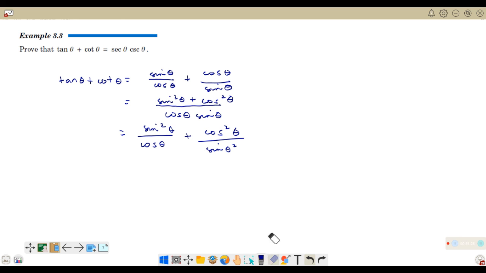Ay, teka. Nagkamali ako. Ay, tama pala. Nagkamali nga ako. Kasi, may kasunod pa to sa baba. May sine theta pa siya. Ayan. Tapos dito sa kabila, we have cosine squared theta over denominator, cosine theta, sine theta.